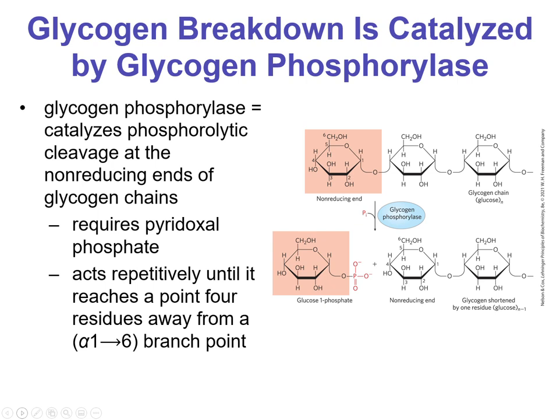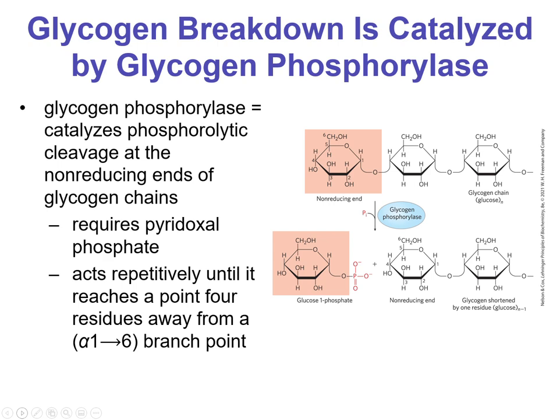Glycogen breakdown is catalyzed by glycogen phosphorylase. Remember the difference between a kinase and a phosphorylase. We're breaking a bond and then adding a phosphate to replace that bond. It catalyzes the phosphorolytic cleavage at the non-reducing end of the glycogen chain.